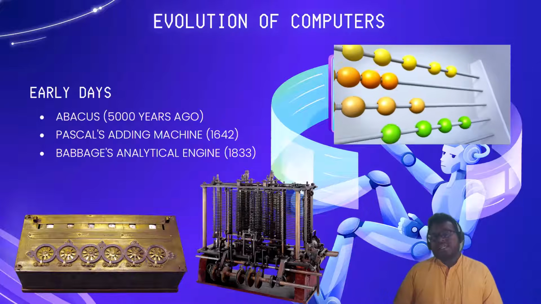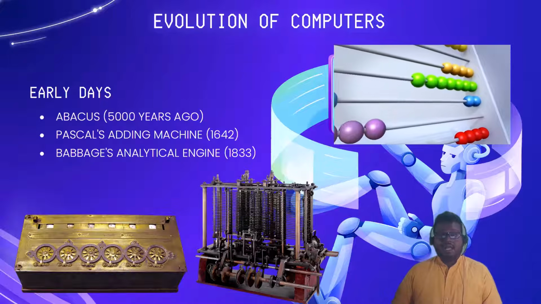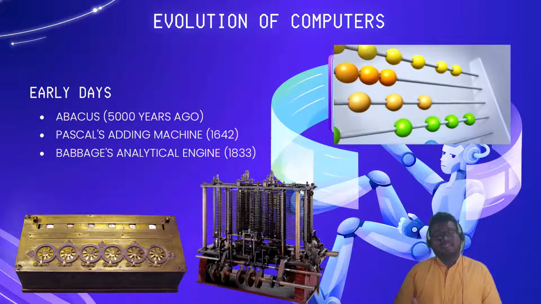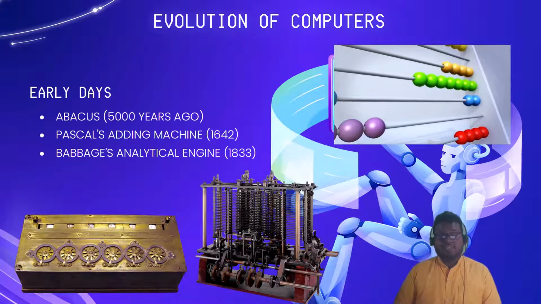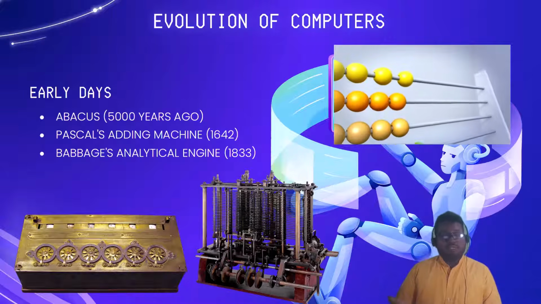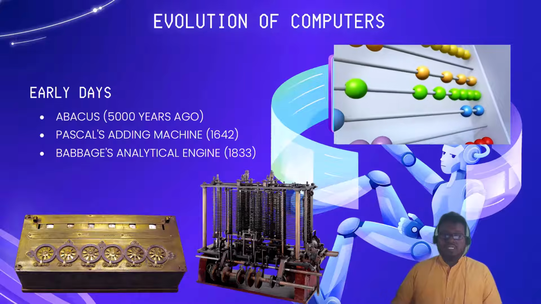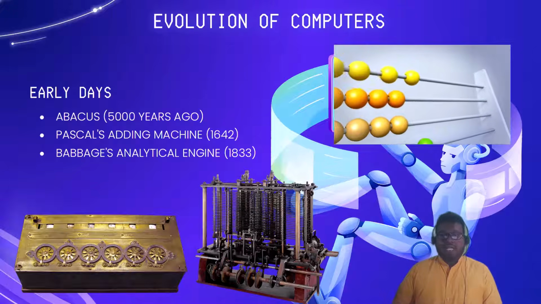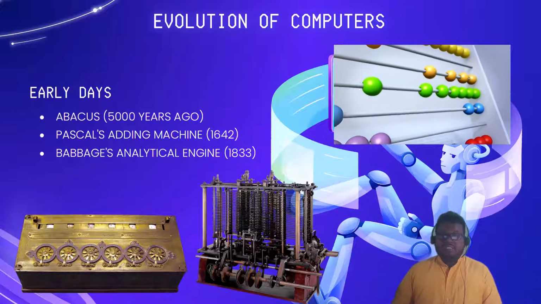In 1833, Charles Babbage designed the analytical engine, which is considered the first general-purpose computer concept. Though it was never fully built, the concept remained the same. So we know Charles Babbage as the father of computers.